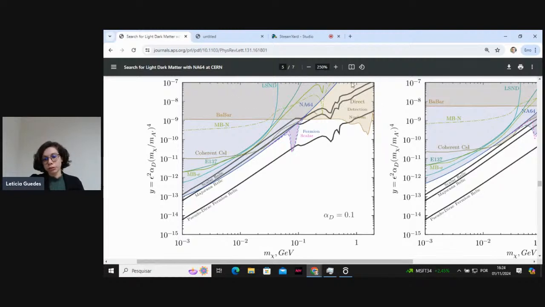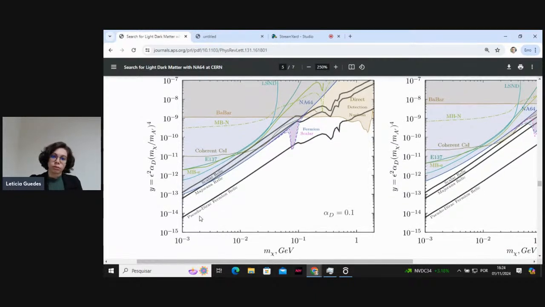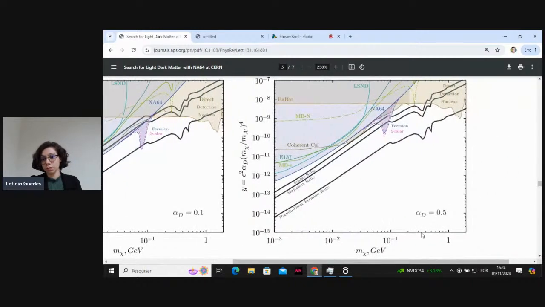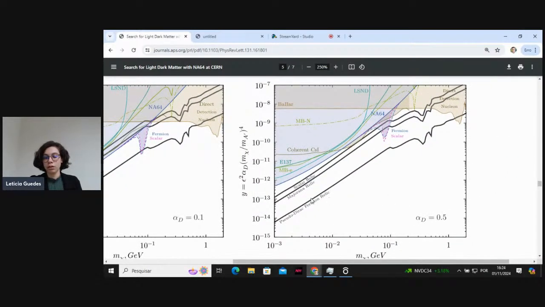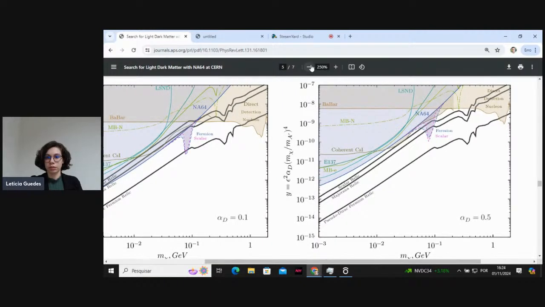So these are our exclusion regions. You can already exclude a scalar relic with this coupling, and mostly exclude the Majorana relic, with just some areas that you can still have, and you can exclude this pseudo-Dirac fermion relic. With variations of the coupling, like 0.5, you exclude a little bit, but you still have a lot of areas to look for. And these peaks are, again, because of the resonance.